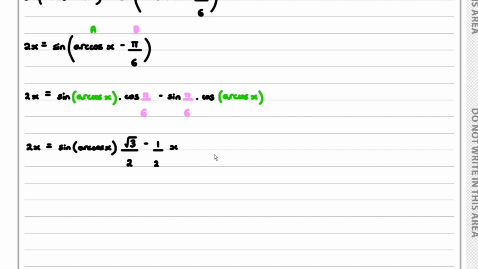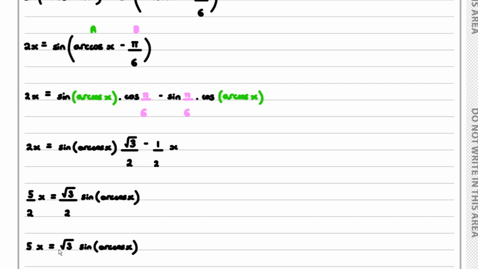And if we rearrange, then we can add 2x to 1/2 x, leaving us with 5x over 2, and this is equal to root 3 over 2 sine of arc cos of x. And if I multiply through by 2, we would have 5x equals root 3 sine of arc cos of x.